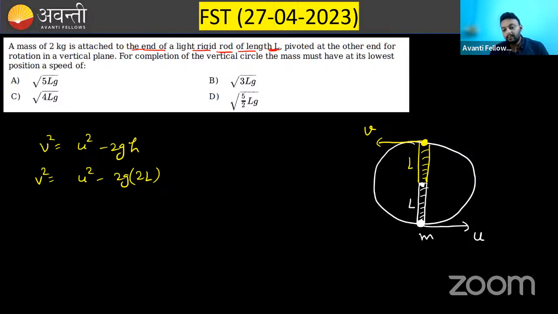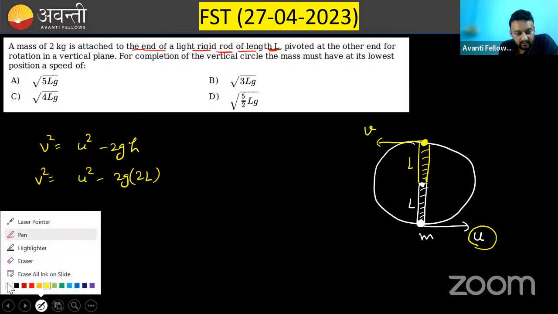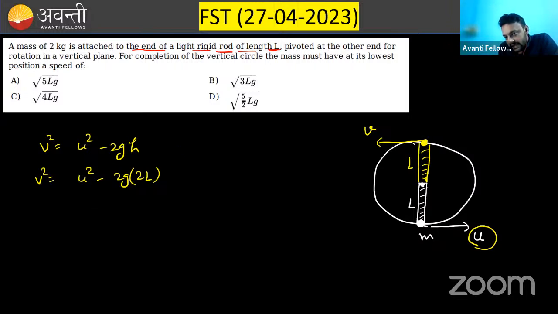Now, the minimum velocity u that can be given at the lowest point. So for velocity to be minimum, what is the condition to complete the vertical circle? That at least the mass can reach the highest point. That means if at this point velocity is zero, then the lowest point velocity is minimum.